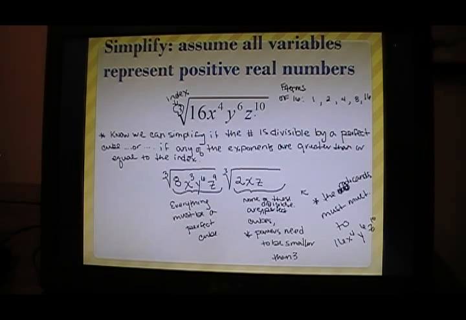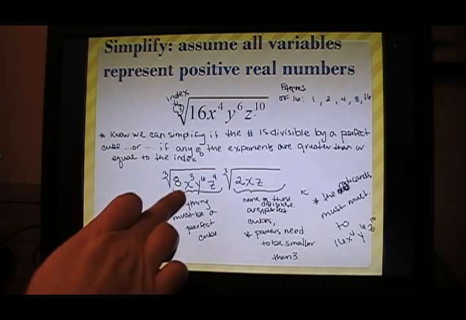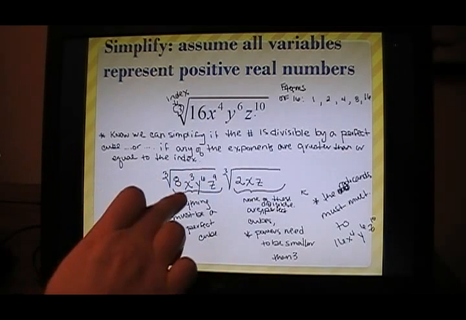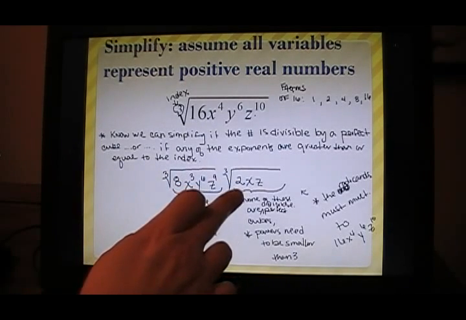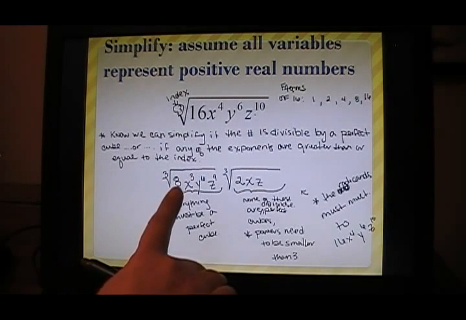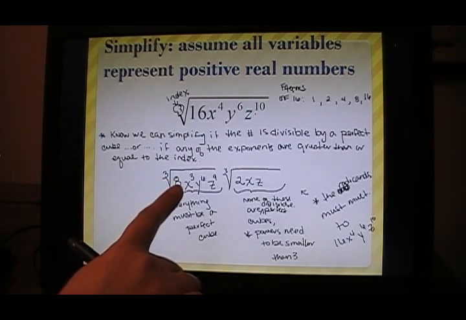So what we have is this expression where everything underneath this cube root is a perfect cube. So this can be evaluated, and we would have to leave this as it is. So the cube root of 8, what can I multiply by itself 3 times to get 8? That is 2.